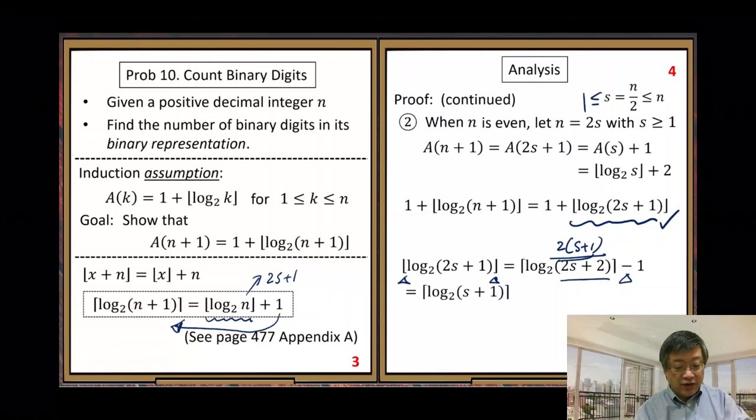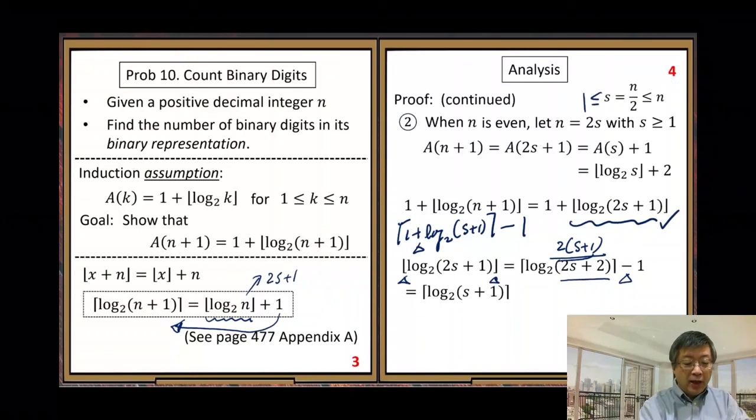Because we can write 1 plus log base 2 of s plus 1, minus 1, because 2 times s is the sum of two log base 2 numbers.